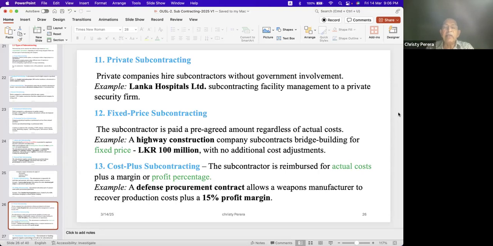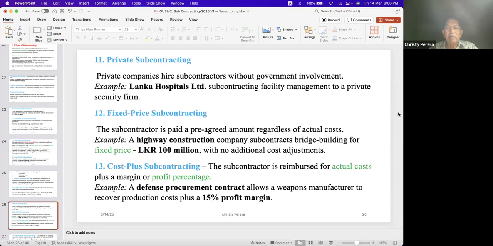As a subconsultant, they took me to prepare one portion of it, that is the procurement guidelines and procurement issues. We finished about 2 years back. That is called private subcontracting. Fixed price subcontracting.